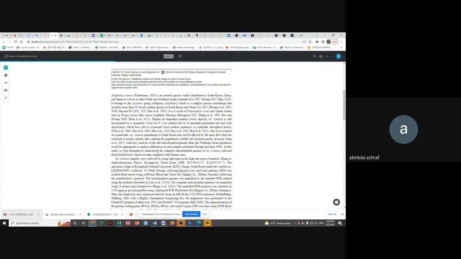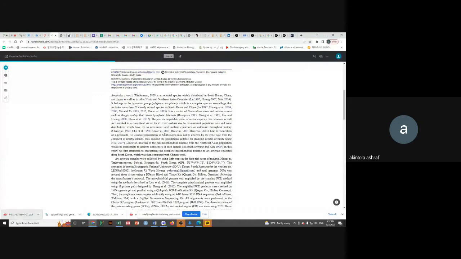The other one after CO1 is 16S. 16S is used a lot, because it is a ribosomal DNA sequence, but it is not part of the protein coding sequence. We have CO1, CO2, CO3, ND1, ND2, ND3, ND4, ND4L, ND5 and ND6. Is it up to 13 yet?